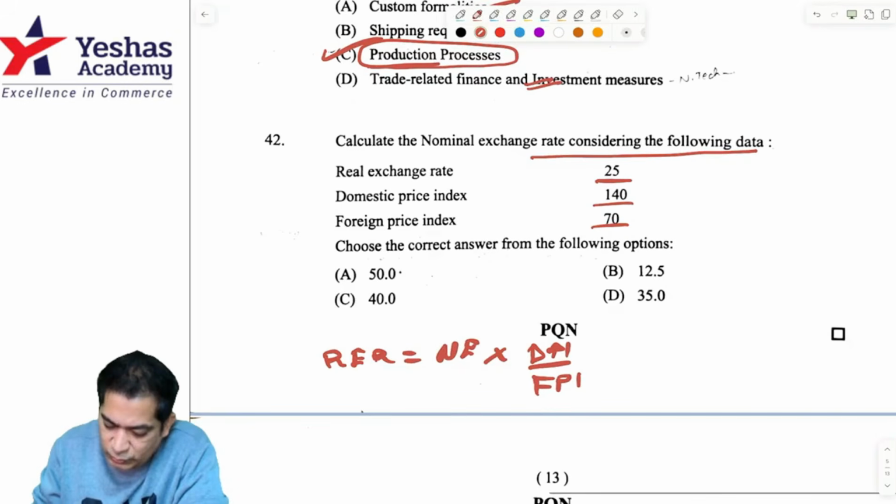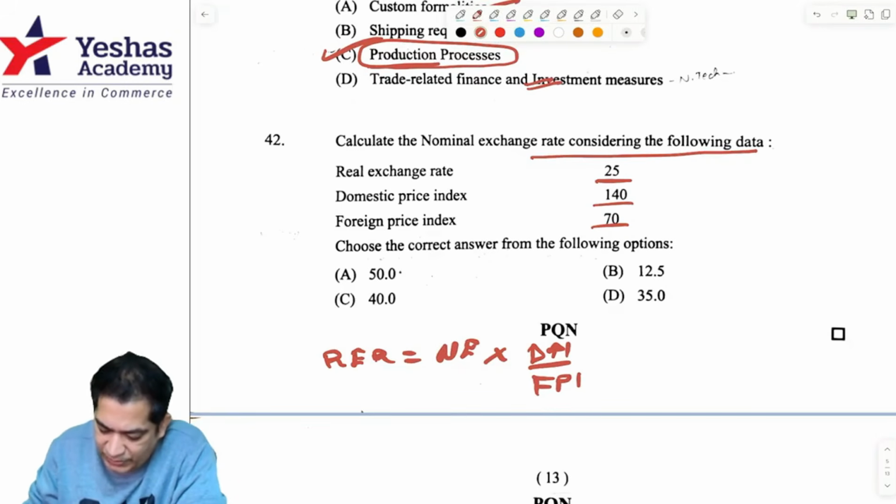Correct? So RER they have given 25, equal to nominal exchange rate you have to calculate. Let this be X. Domestic price index they have given 140 and foreign price index they have given as 70.